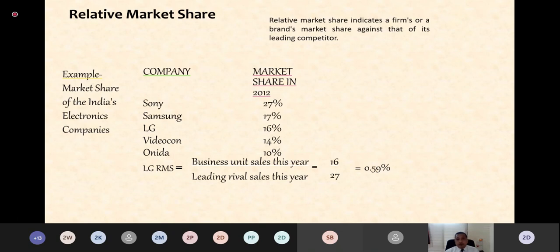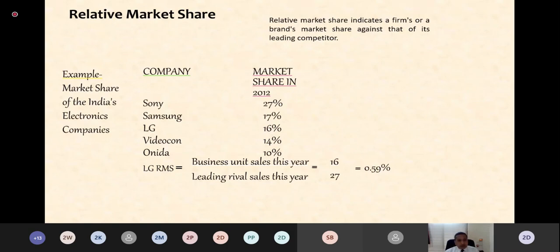Here one example also we have given. How do we understand this relative market share? By definition, relative market share is a firm's or brand's market share against that of its leading competitor.